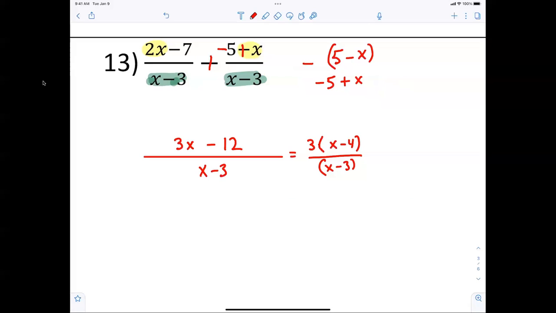Anybody have any questions with 3 times x minus 4 over x minus 3? Why would you reduce? What can I reduce? Well, the 3 with the what? And the other 4. No, the reason why you cannot reduce these is because these two things are held together with subtraction.